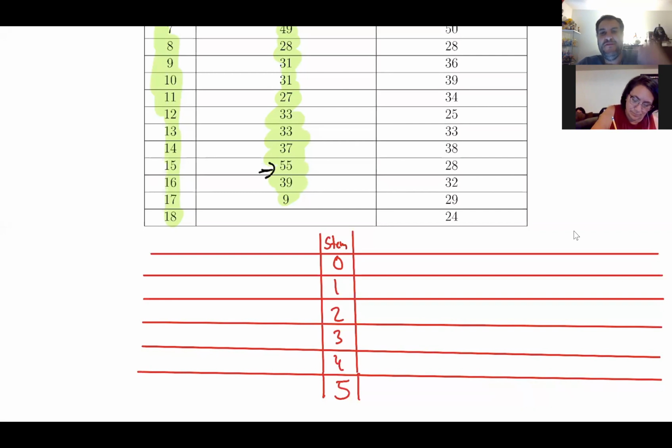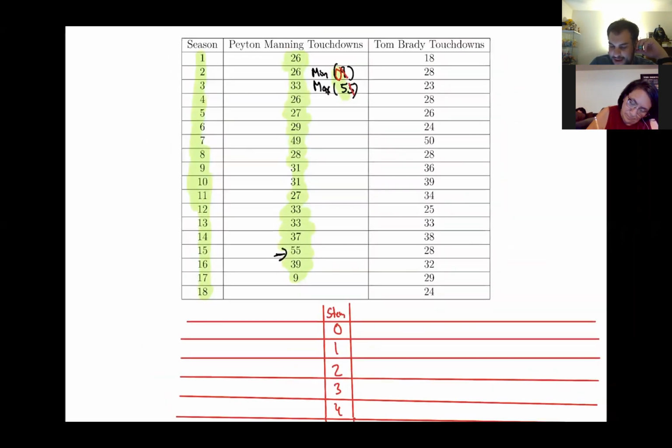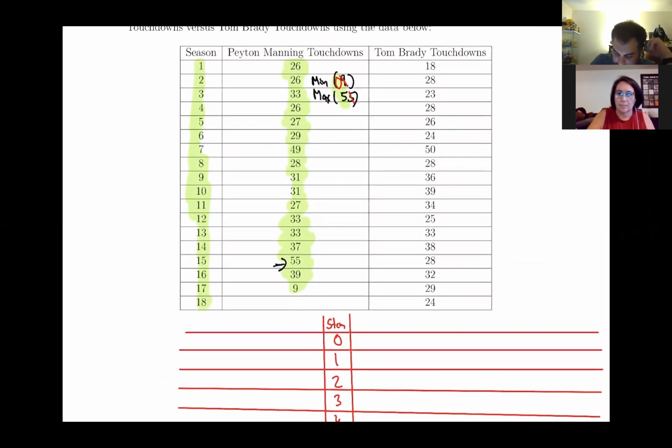All right, so for this one, we're gonna do the leaf. All right, so now we're gonna do the leaf portion. For the leaf portion, we can't yet put leaves because we want to put the leaves for whichever player. So on the left-hand side, we're gonna put Peyton, and we'll say this is Peyton leaf.